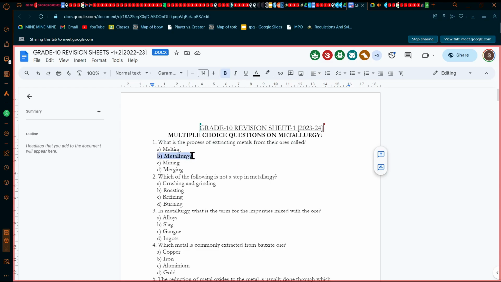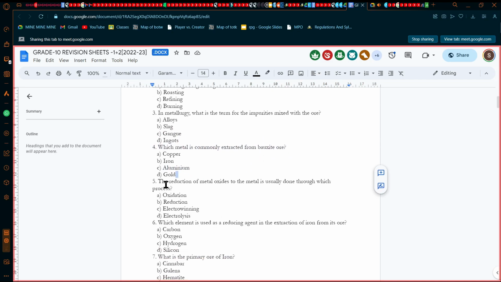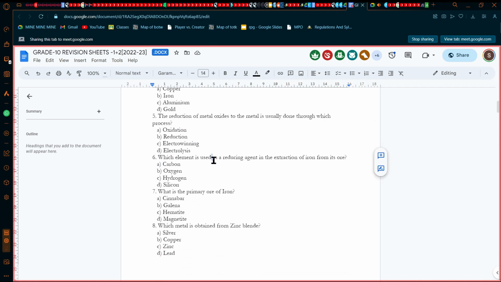Let's see the third one. Just kidding, bro. Calm down. Third one, metallurgy, impurities. No, next one. This is also there. The primary ore is there. Not that.